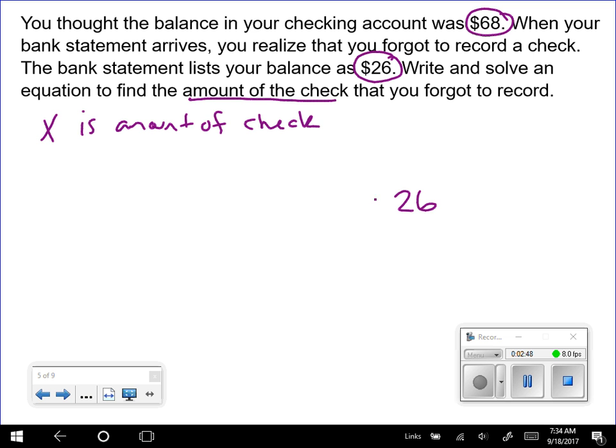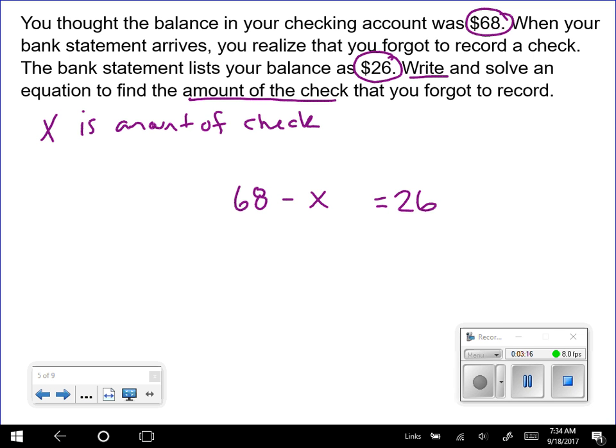We could say that that's going to be equal to whatever we thought our bank account was going to be, and then if we take away the amount of the check. Well, if we're taking away the amount of the check, we're going to be subtracting. So we could say 68 minus x is going to be equal to 26. Hopefully that's logical.